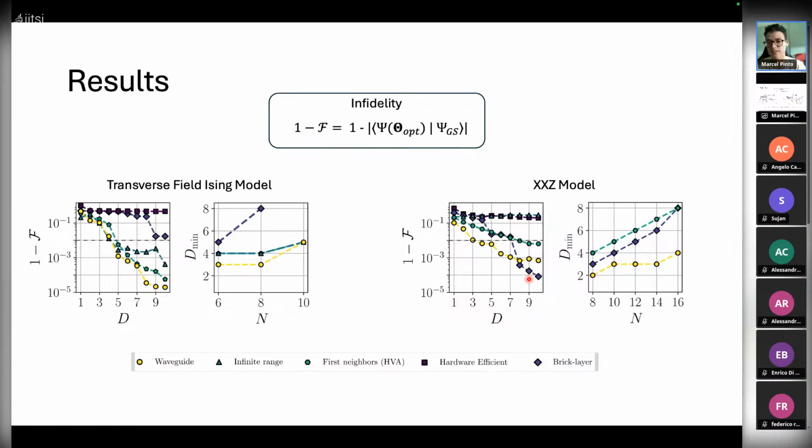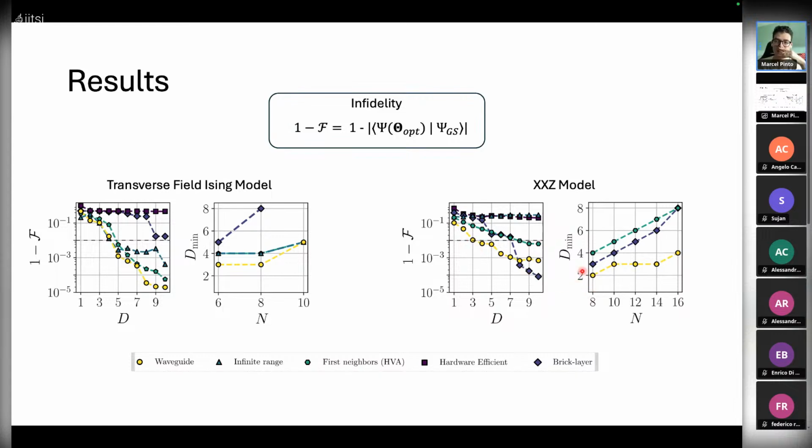We want to find the ground state that we want with the minimum number of layers, because these simulations were done in a perfect case. There's no noise, so the gates are perfect. They can interact perfectly. There's no dissipation, nothing. So when you start putting noise on your system, then we start losing this kind of result, right? So this is why we need to do this with fewer resources.